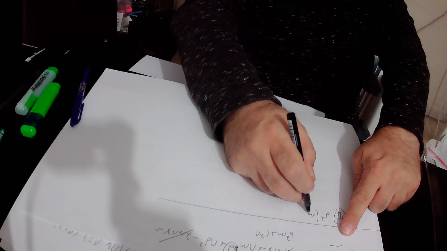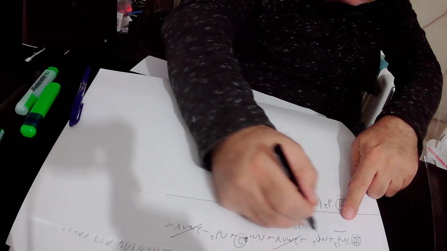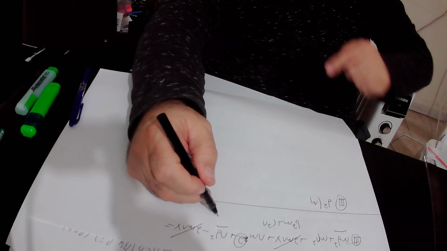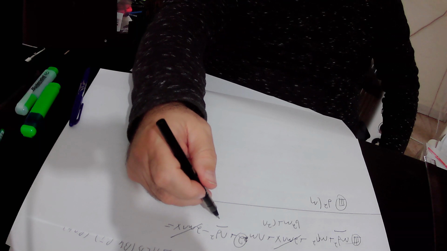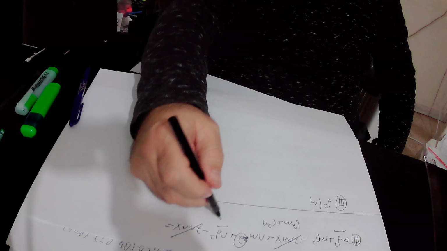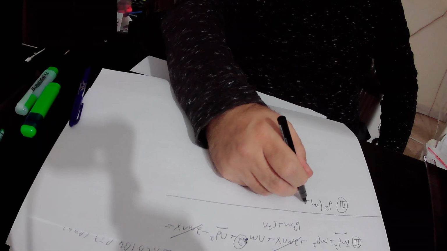What's left is m. Okay, and we have here nd squared. What is left from nd squared after we took from it d squared as a common factor? What is left is actually n.